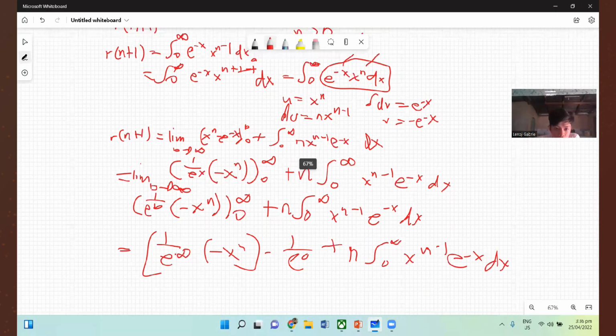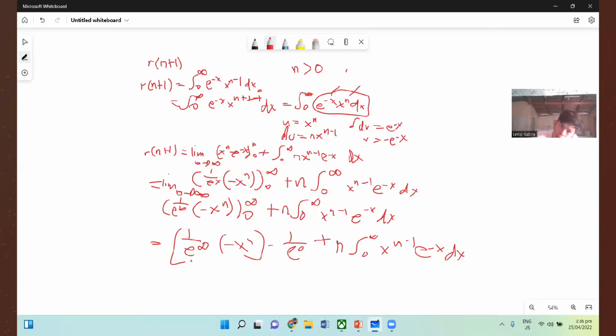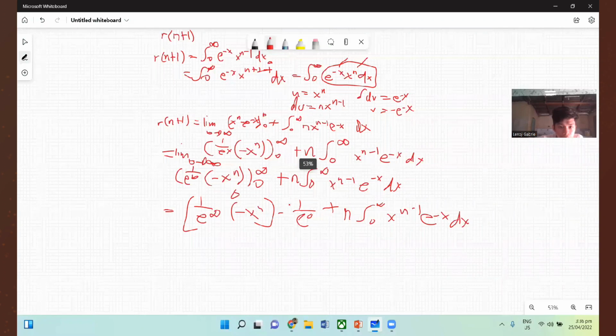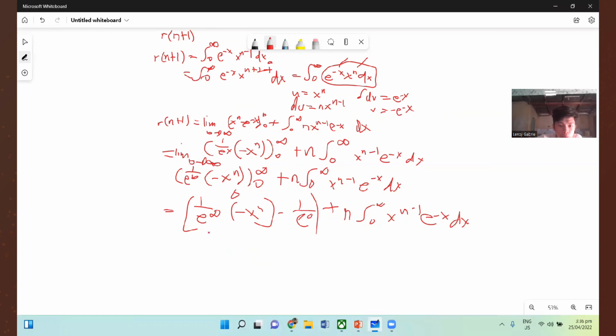So where this 1 over e raised to the infinity will become 0. Then this will become 1 times 0, so it will become 0.